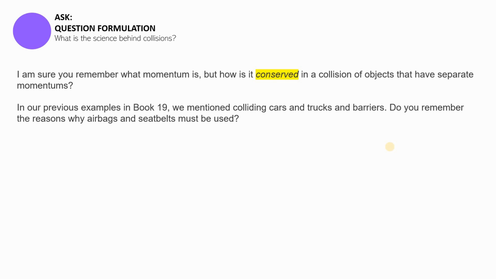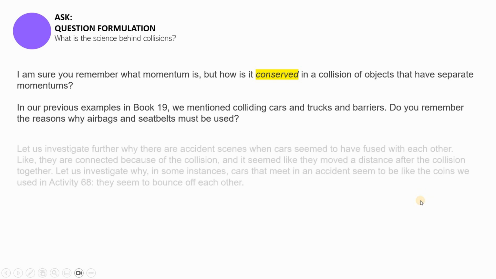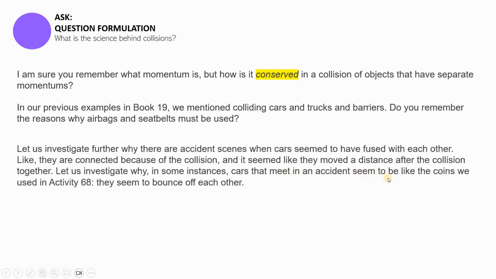Okay, so in our previous examples in book 19, dun sa momentum, impulse and momentum, we mentioned colliding cars and trucks and barriers. Now, do you remember the reasons why airbags and seatbelts must be used? Do you remember that? Okay. Now, this has something to do with the current question that I want you to formulate.